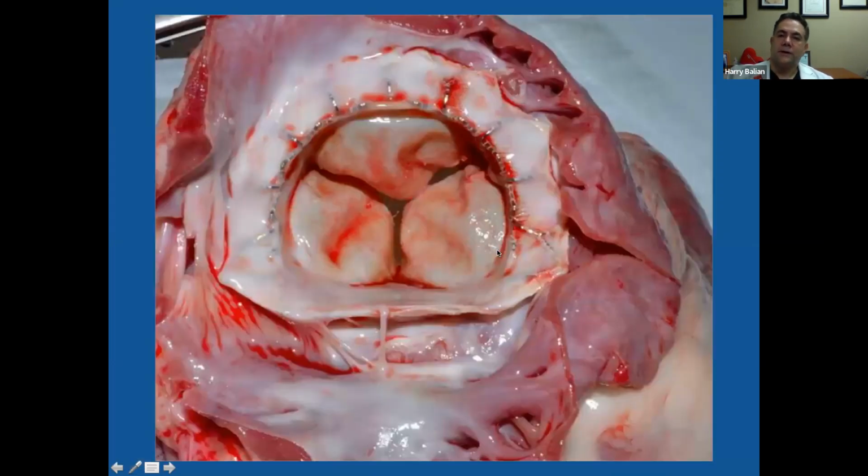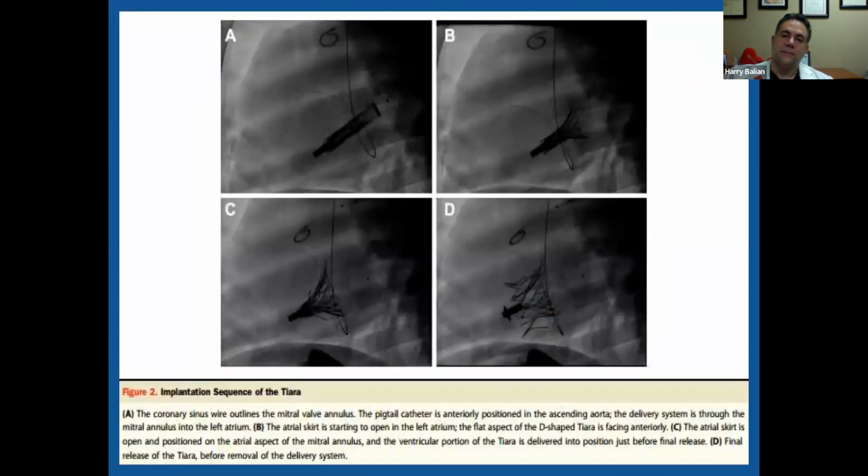This is the valve looking top down. And this is the actual deployment of the valve, where part of it sits in the left atrium, and the other part is anchored in the left ventricle. These are the actual anchors, and the valve is in the middle.